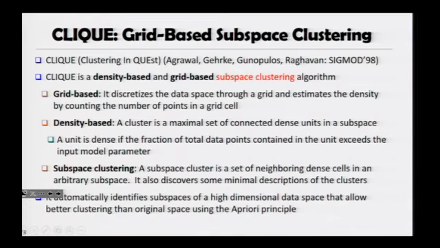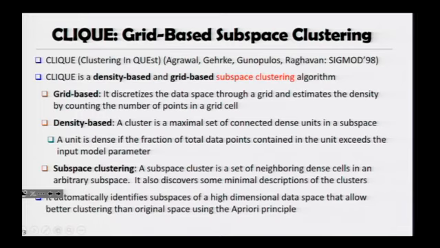Either of these two tasks, you can accomplish with grid-based and density-based methods. But for subspace clustering, the core idea is how you look at different subspaces and further merge them.